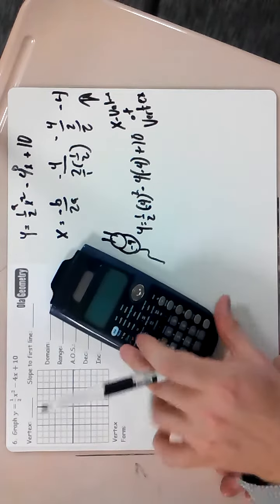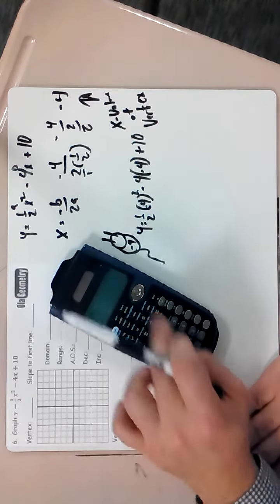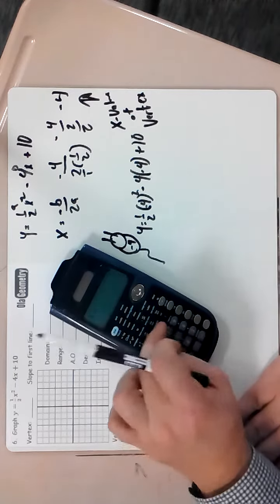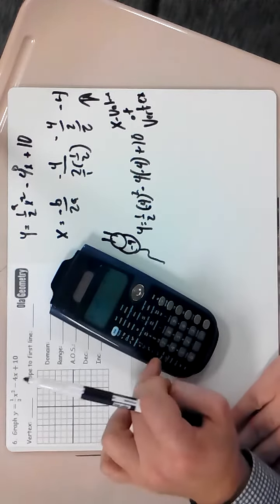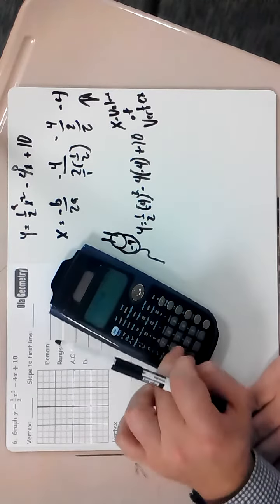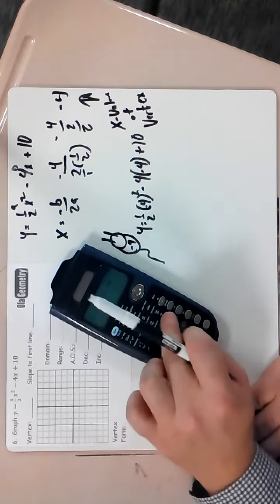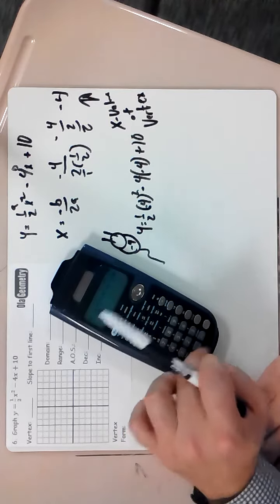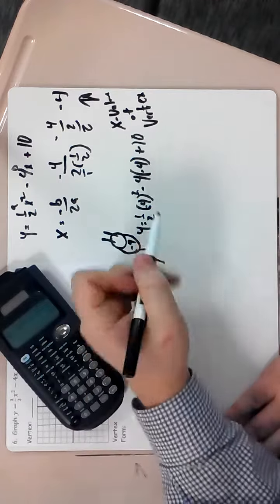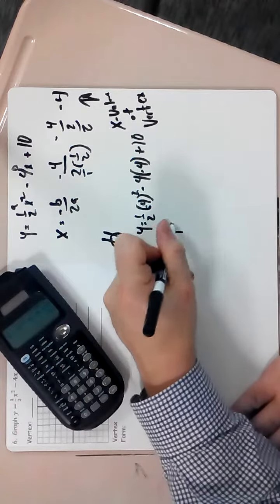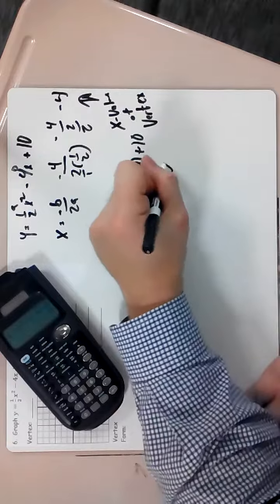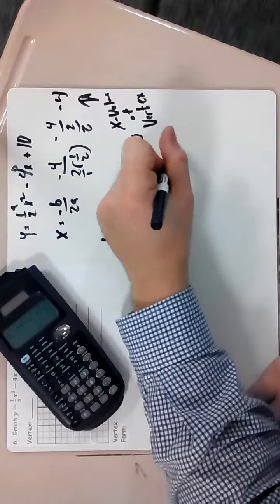This is where the fancy calculator comes in. I'm just going to plug it in exactly as I see it. And the answer I got was 34. So y equals 34. This is the y value of the vertex.